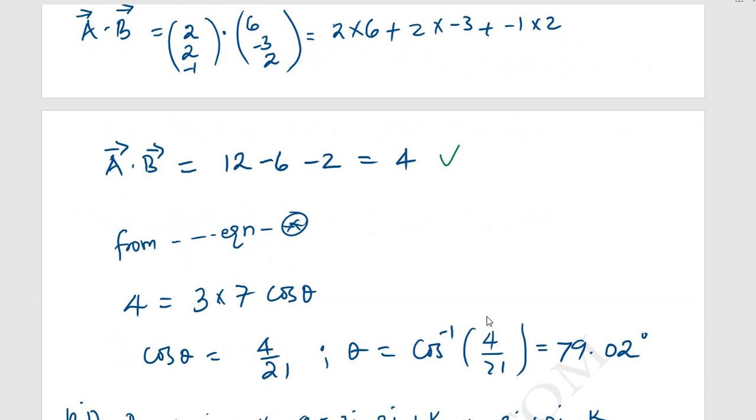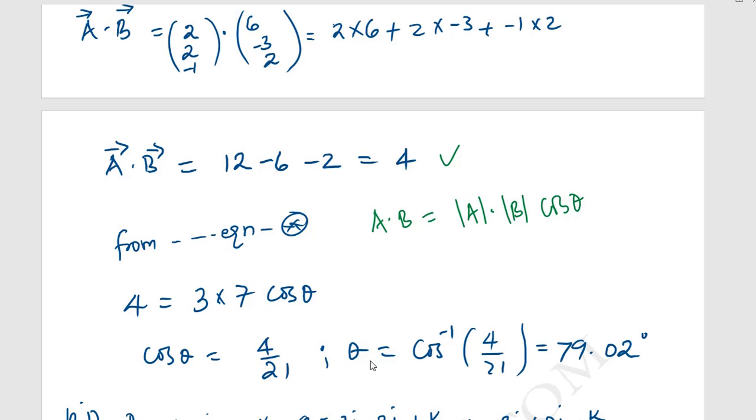So from equation star, where A dot B is equal to the magnitude of A times the magnitude of B times cos of the angle between them, when we substitute, because A dot B is 4, it equals 3, which is the magnitude of A, times 7, the magnitude of B, times cos theta.